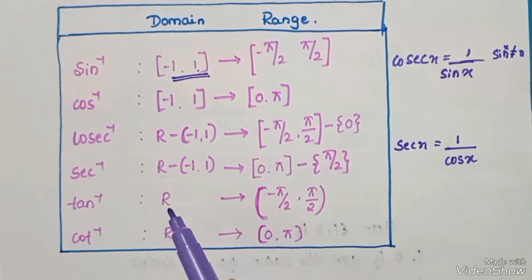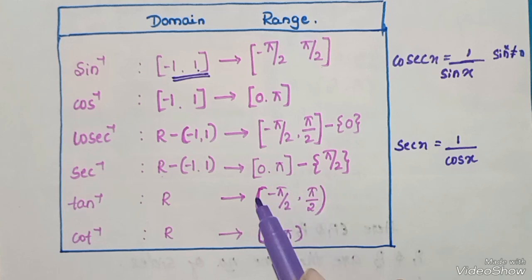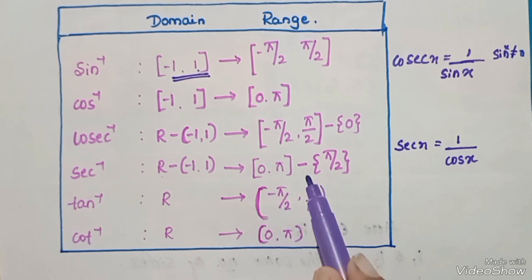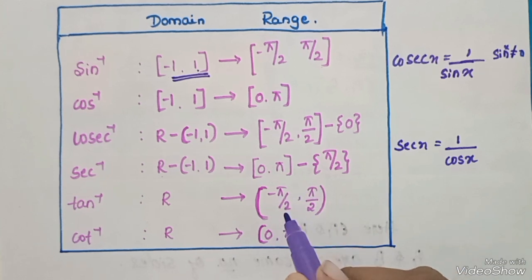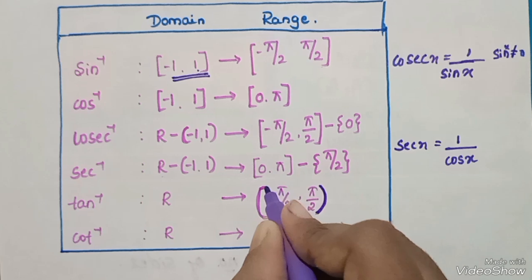Okay, again the tan inverse function. The domain is the real numbers, and for these the range should exclude minus pi by 2 and pi by 2. Other than these numbers, all the values are included. Okay, except minus pi by 2 and pi by 2, that's why we indicate an open interval.